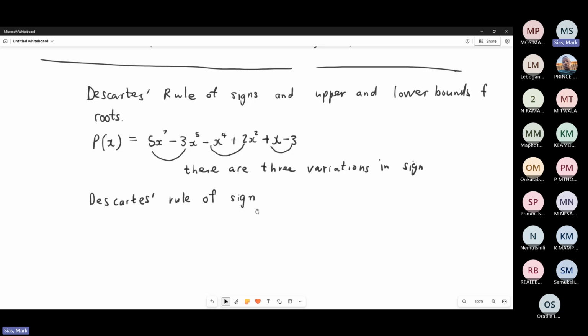So it goes as follows, guys, and then I'll explain it quickly, okay? Let P be a polynomial with real coefficients.